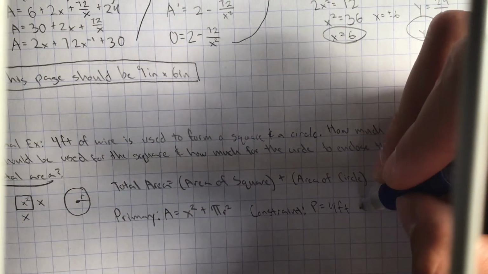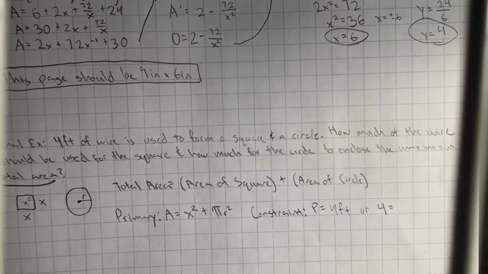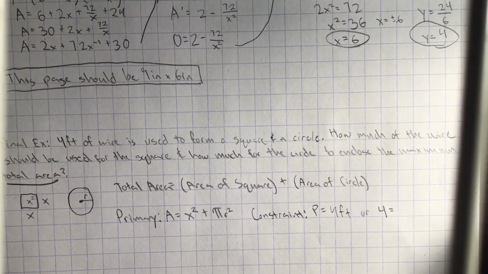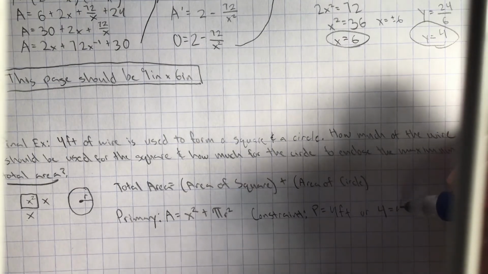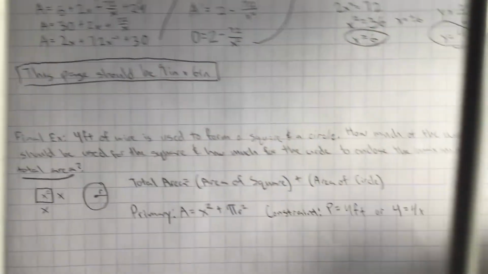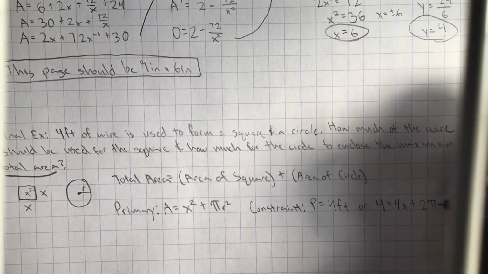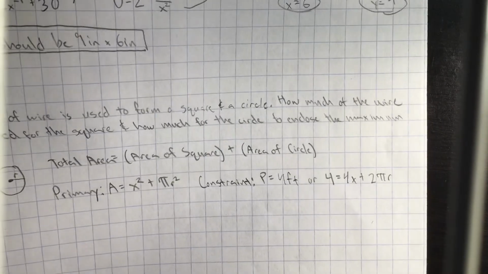We know our perimeter is 4 feet already, and it equals 4x, 4 times the number of sides, plus 2 pi r, because that's the circumference of a circle.